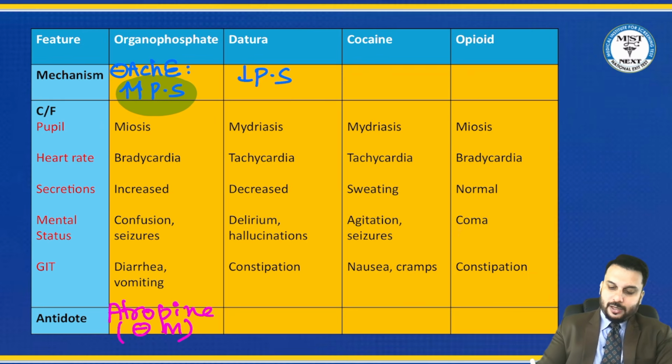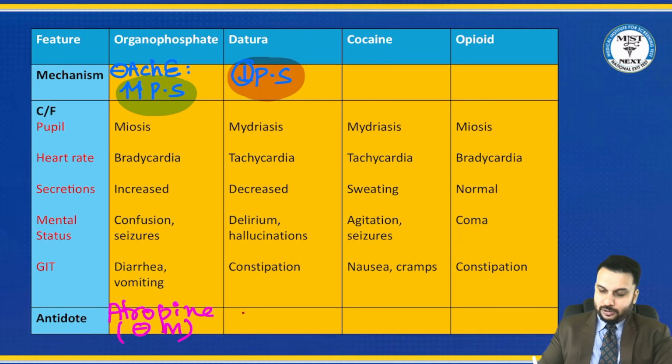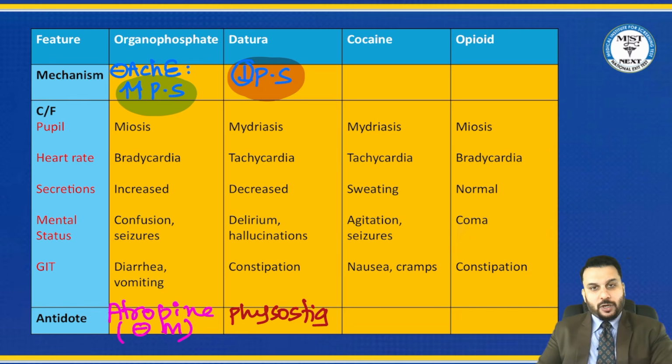Datura, on the other hand, since parasympathetic activity is already very low, I have to increase it. To increase this, I am going to give the patient the drug called physostigmine. I just explained how physostigmine works: it blocks the acetylcholine esterase enzyme.